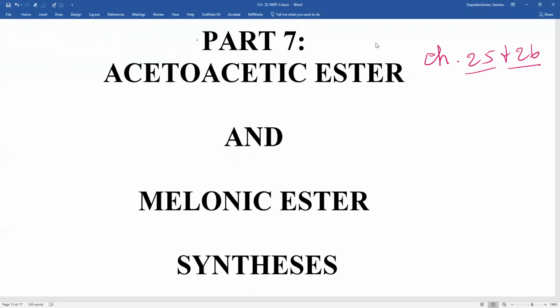But I decided to keep chapter 25 instead. I'm going to cut less important parts in each chapter. So this one is a less important part, so we can skip this part.